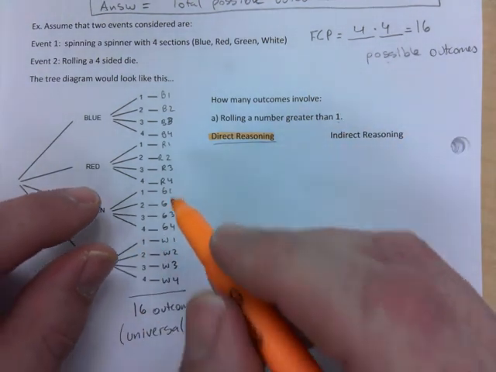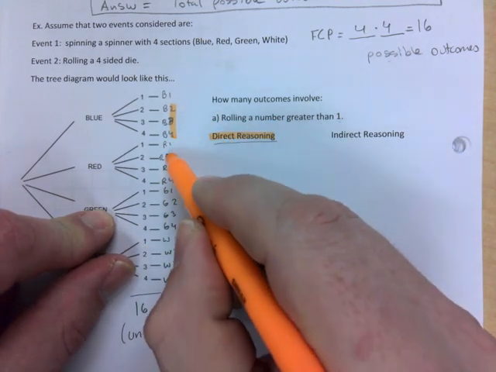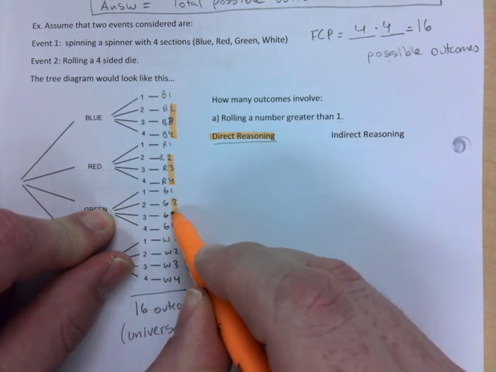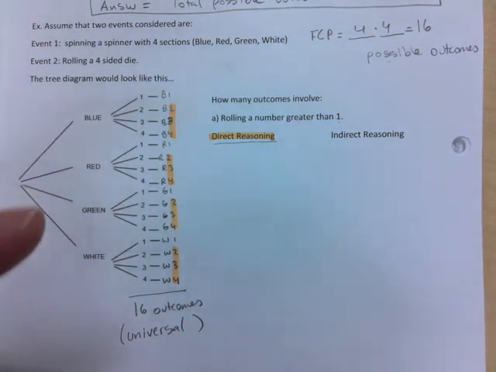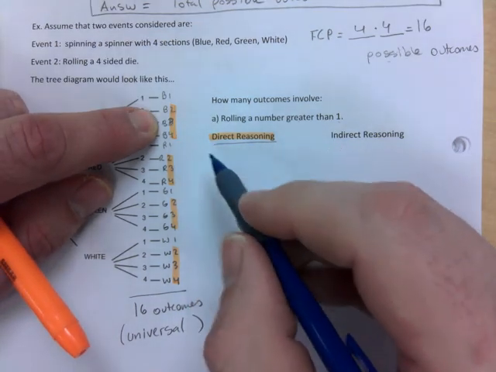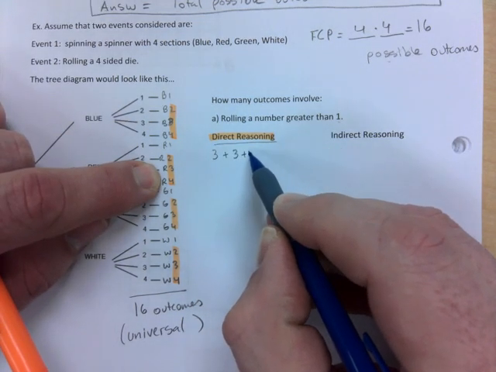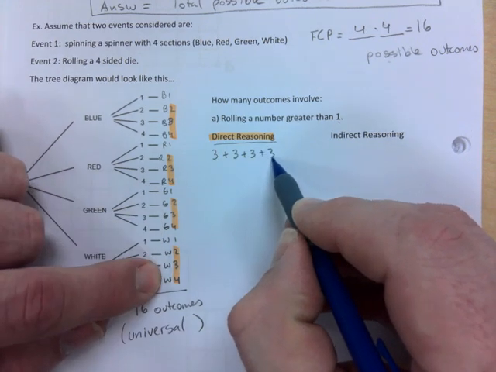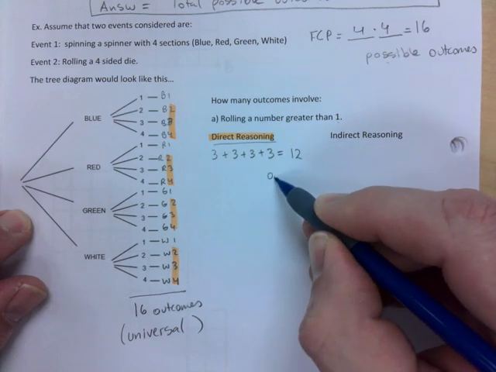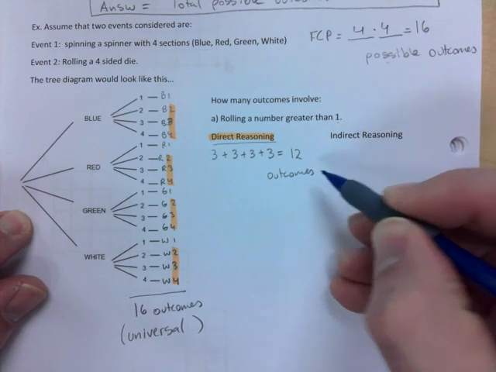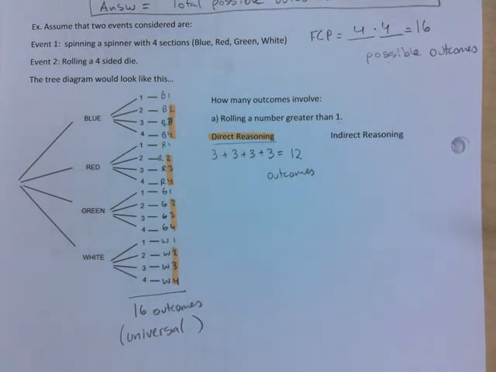So over here, we have 2, 3, 4, and then 2, 3, 4, 2, 3, 4, 2, 3, 4. With direct reasoning, we've got 3 outcomes here, 3 outcomes there, and another 3, and so forth. So that would be 12 outcomes with a number greater than 1.